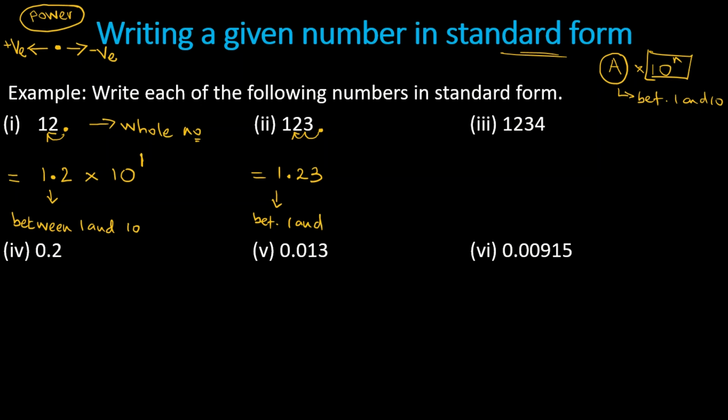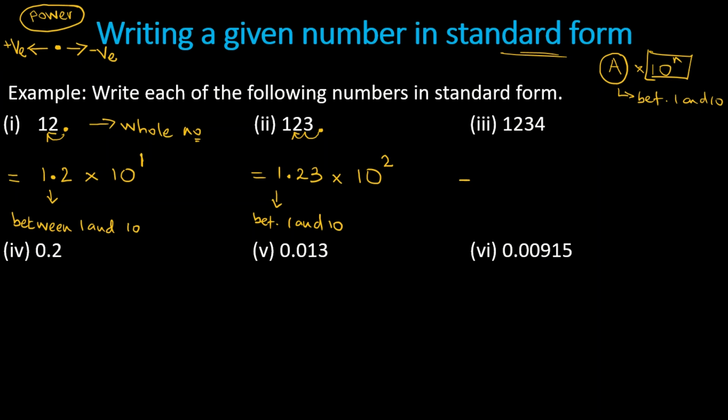Is it between 1 and 10? Of course it is between 1 and 10. So we stop here. Then we write down times 10 to the power of what? How many places have we moved the decimal? 2 places. So it becomes 10 to the power of 2. In which direction have we moved? To the left. So the power is positive. So 123 in standard form is 1.23 times 10 to the power of 2.